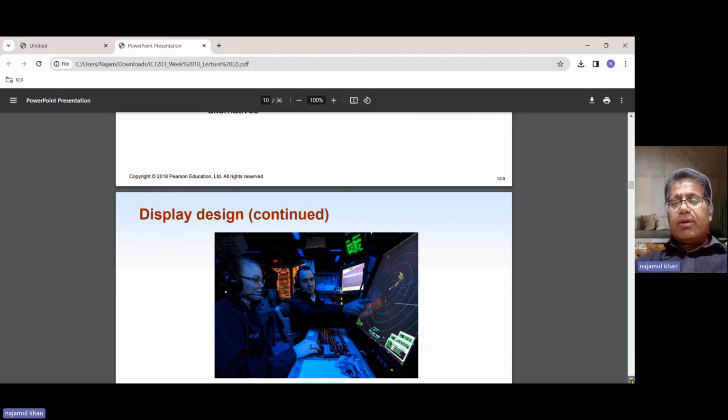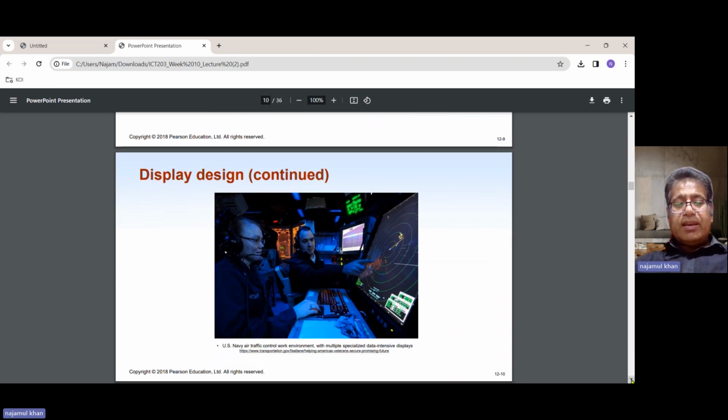They are showing you an example here. US Navy air traffic control work environment with multiple specialized data intensive displays. Look at how nicely they have shown something. If you are showing an image on your website, it should be relevant to who you are, what you are. This is a US Navy air traffic control work environment.